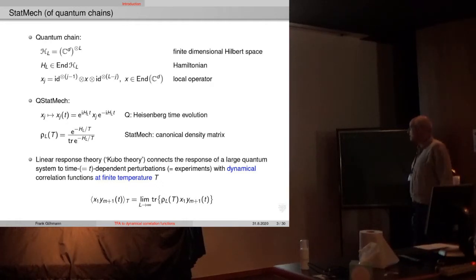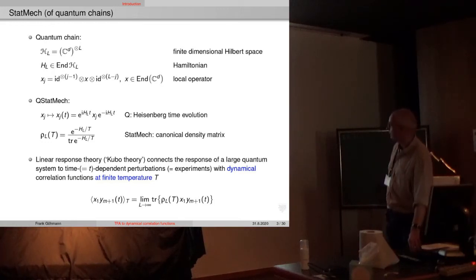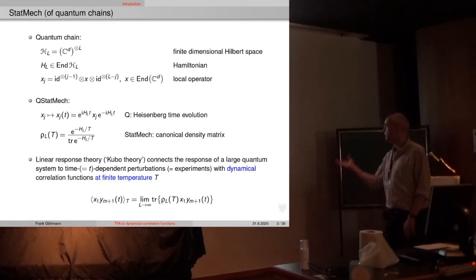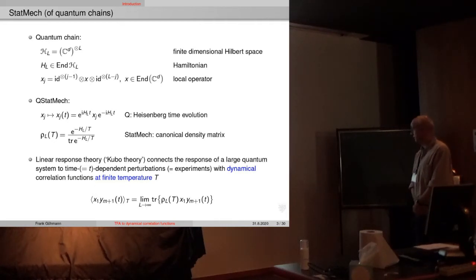Okay, so this is what we want to know in quantum statistical mechanics, and the nice thing is that there is some very general background here. It's called linear response theory or Kubo theory, and this connects very generally the response of a large quantum system to time-dependent perturbations.